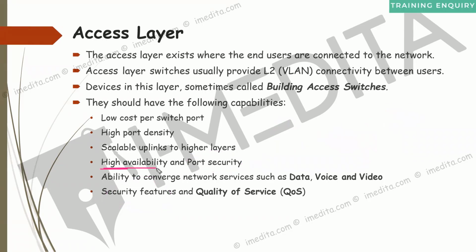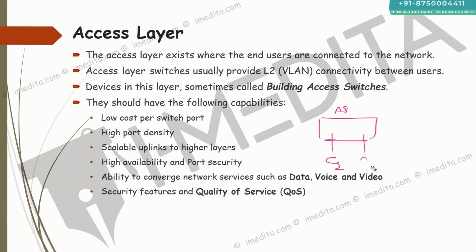HA, basically high availability, means you should be able to leverage redundancy, such as power failure redundancy. Remember the end users are going to be connected here. If this switch's power supply fails for some reason, these users will not be able to access the network resources.